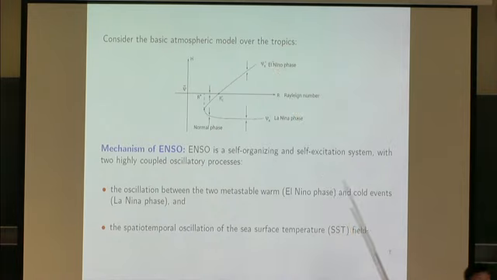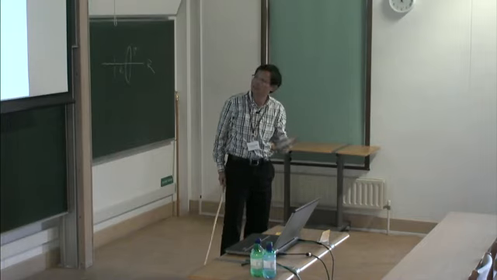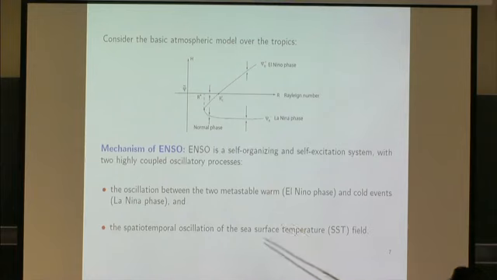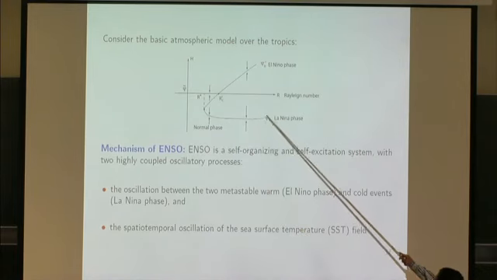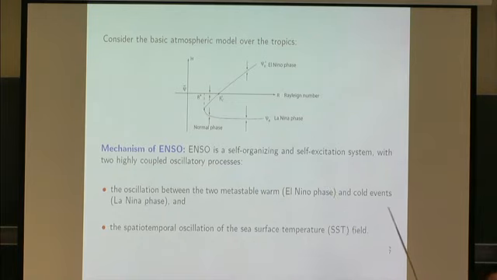So there are two types of oscillations. One is due to surface temperature changes, which drives the system moving. The other oscillation is due to initial fluctuations, which can drive the system from one basin of attraction to another basin of attraction, between metastable states.